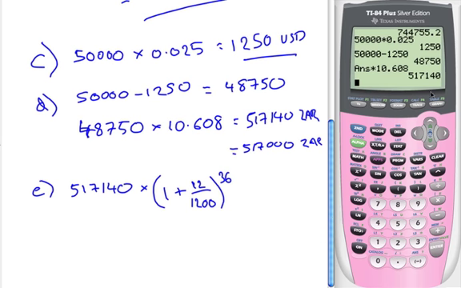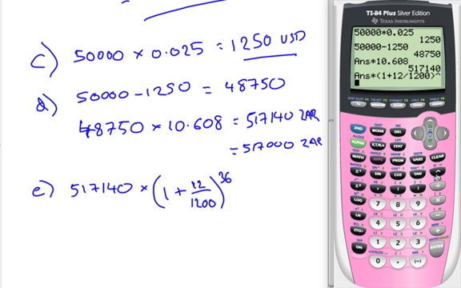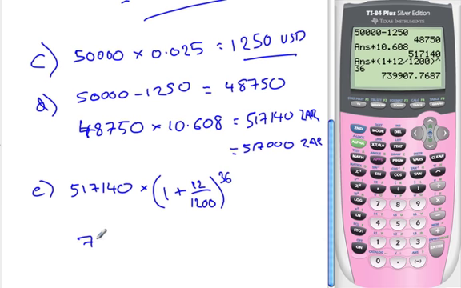So let's just take that number there and times it by 1 add 12 over, if you don't like that, it's just 12 add 1 over 100 is exactly the same, and then to the power of 36. Okay, so the amount in Rand he ends up with is 739,908 South African Rand.